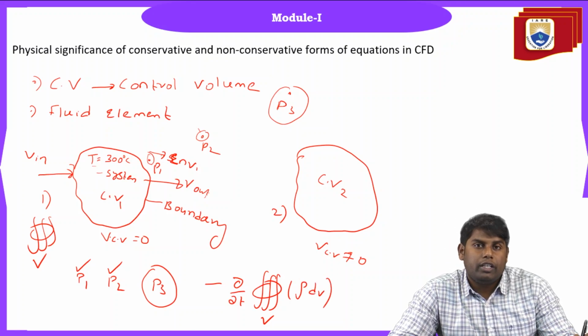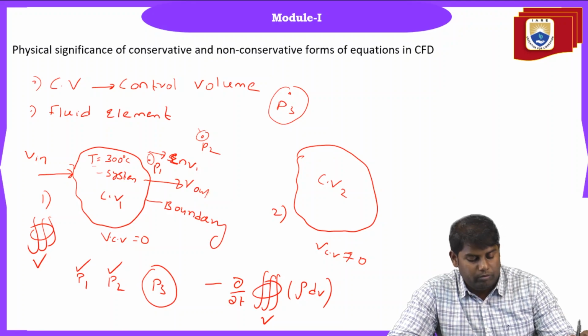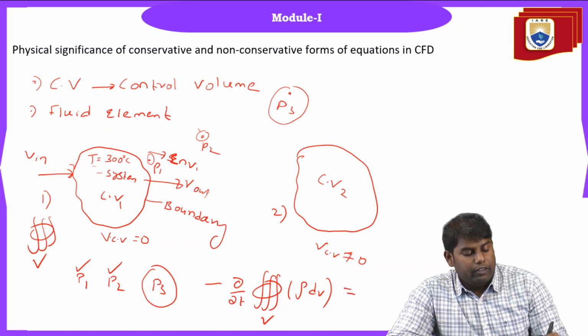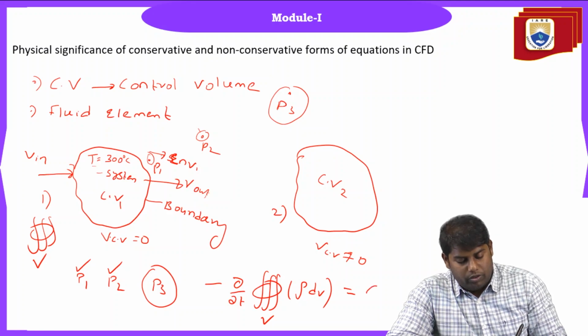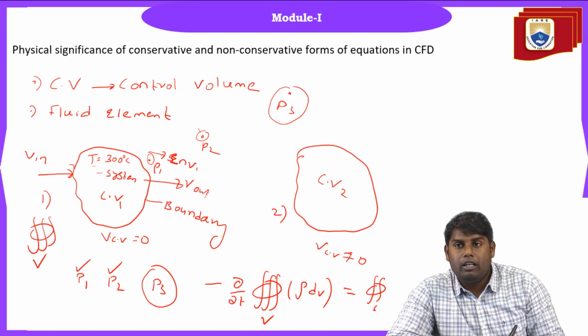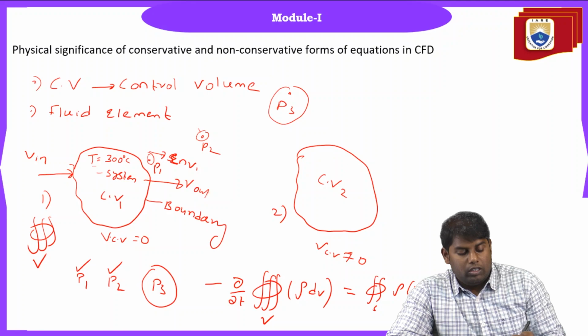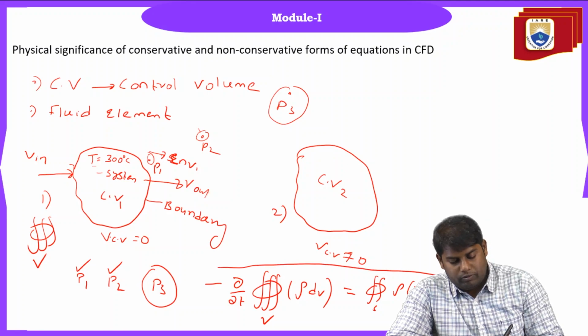So the rate of decrease of mass inside the control volume is equal to the flux which is leaving outside the volume. This is the surface integral ρ V dot dS. So this is what we have.